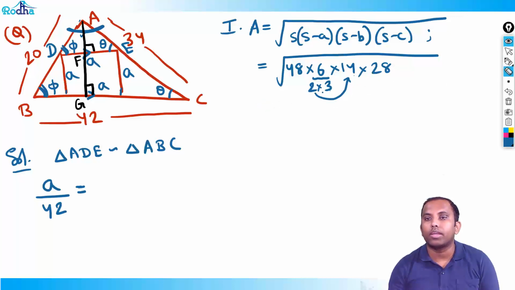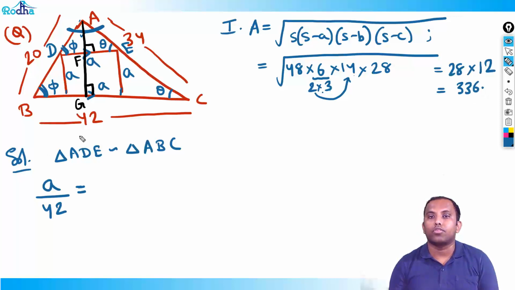What is left here now? 3 is left, so 3 into 48 is 144. And the square root of 144 is 12. So the area is 28 into 12, that is 280 plus 56, that is 336. This is the area of the triangle.